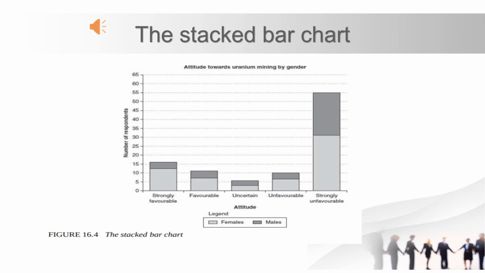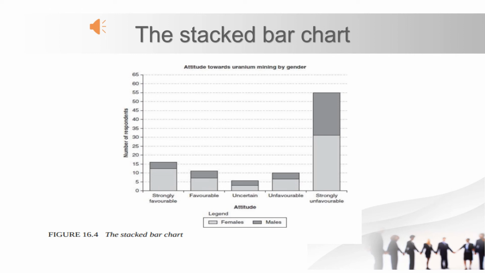So figure 16.4, this is an example of your stacked bar chart. So you have the legend there, you have the females and males, and the attitudes towards uranium mining by gender. So you have strongly favorable, uncertain, favorable, and strongly favorable. And then on the left side, this is the number of your respondents.